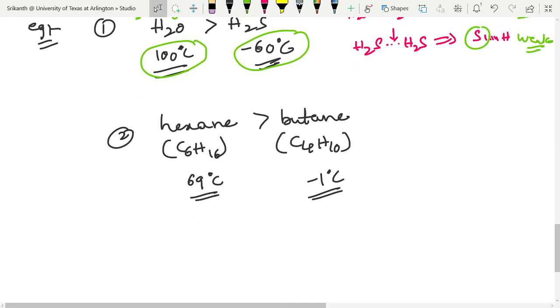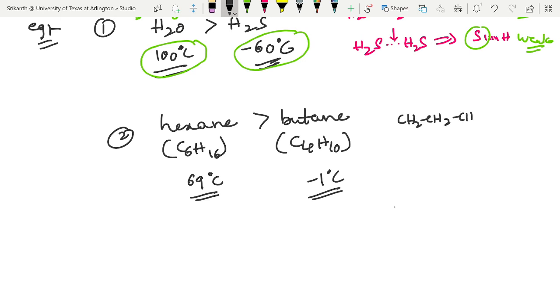And coming to hexane and butane. In hexane, we have more surface area. As I explained before, hexane has 6 carbon atoms, 3 and 3, and in the case of butane, it has only 4 carbon atoms.